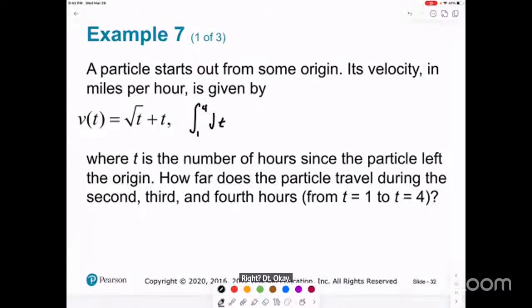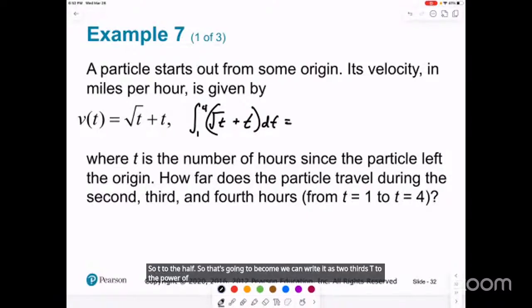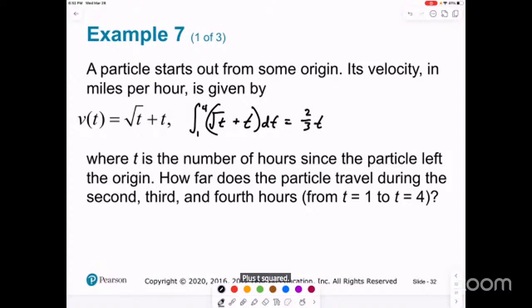So t to the half, so that's going to become, we can write it as 2/3 t to the power of 3 over 2, right? Because when you divide by 3 over 2, you multiply by the reciprocal, plus t squared over 2. We want to evaluate this as t goes from 1 to 4. Okay.